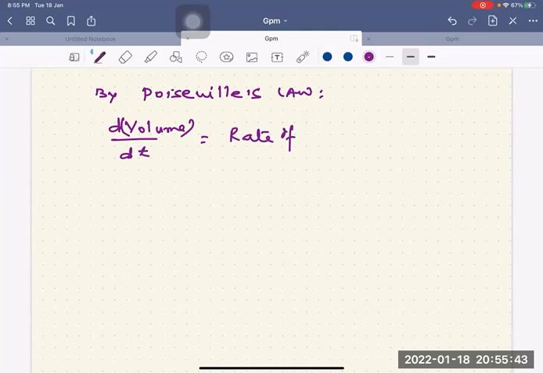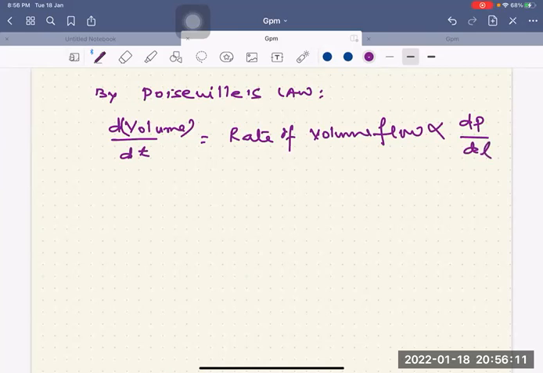Rate of volume flow is directly proportional to dP upon dl. ये प्रेशर ग्रेडियंट के डायरेक्टली प्रोपोर्शनल में है.